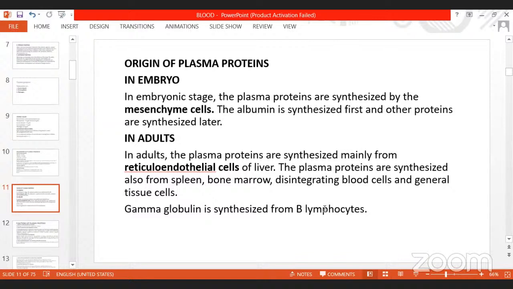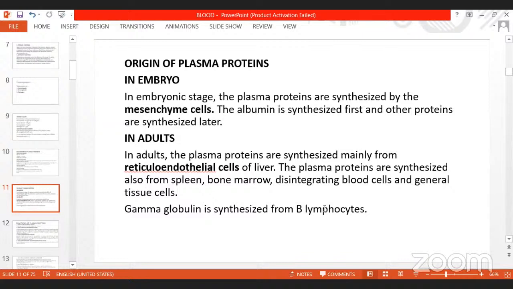In adults, the plasma proteins are synthesized mainly from reticuloendothelial cells of the liver. Also a little quantity comes from the spleen, bone marrow, disintegrating blood cells and general tissue cells, but the majority is produced from the liver.